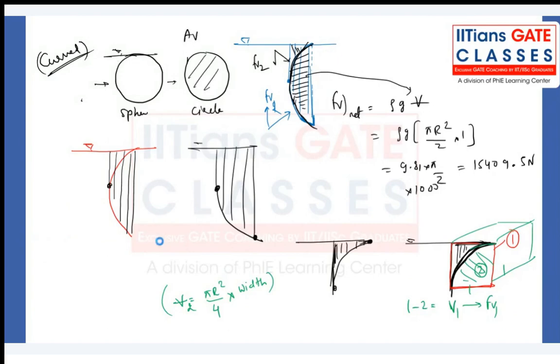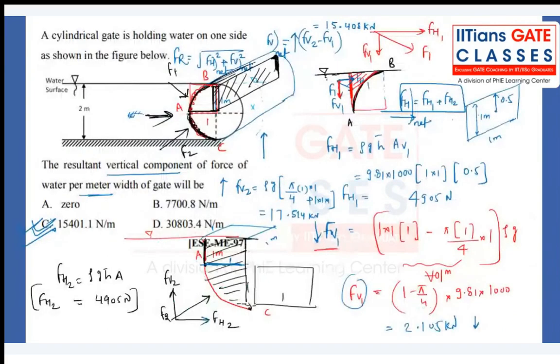But here, when you project it directly, you will get the rectangular area only. And that is the projected area I have taken for the above one and for the below one. Or if you combine them, you can calculate FH net as complete projected area into width.